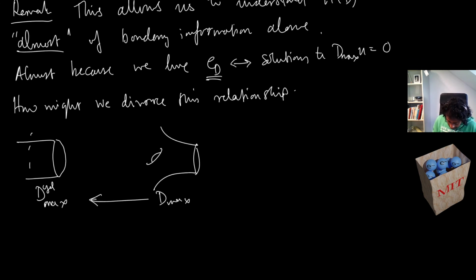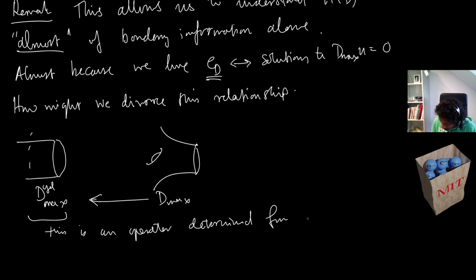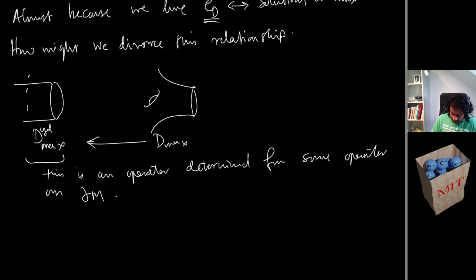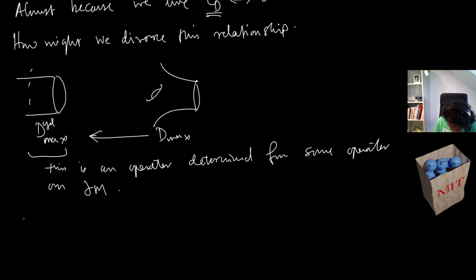So the hope is that this is an operator determined from some operator on the boundary. Okay, so it would be the Holy Grail.